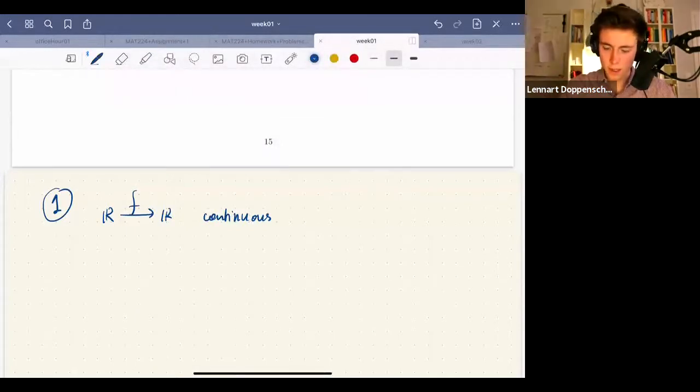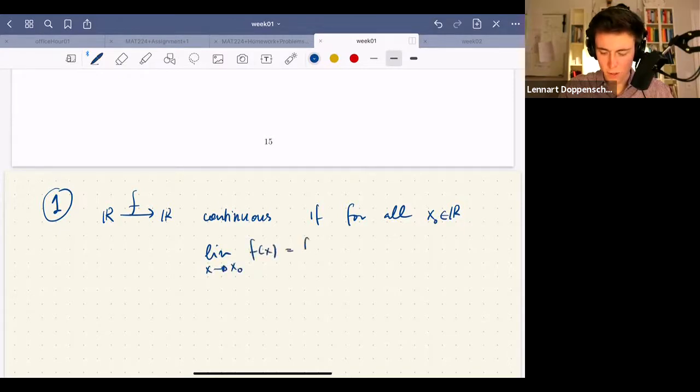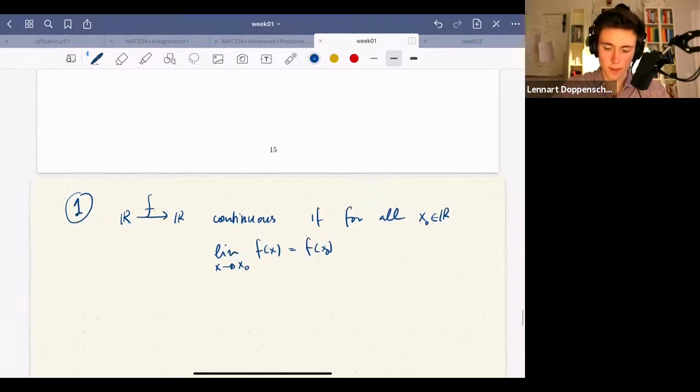It's continuous if for all x0 in R, the limit of f of x as x goes towards x0 is equal to f of x0. So this is what it means.